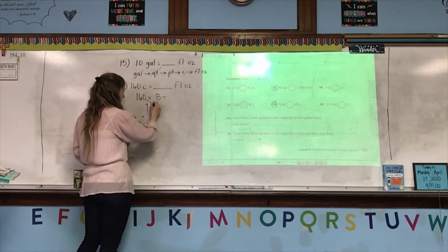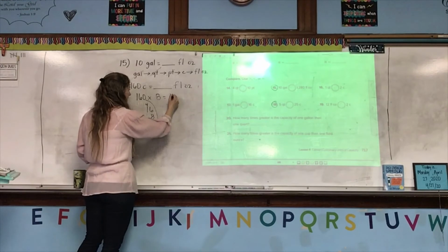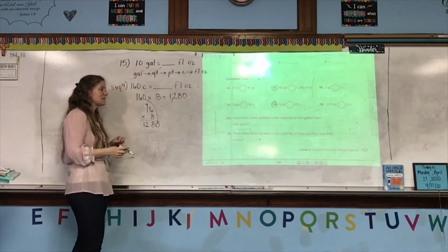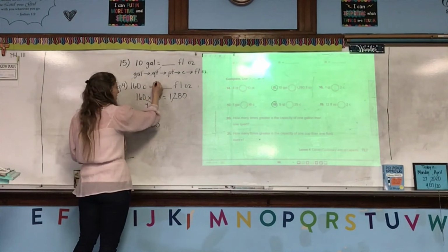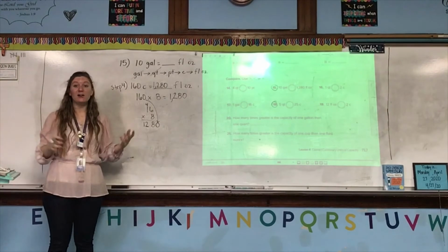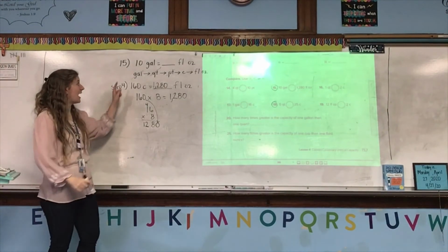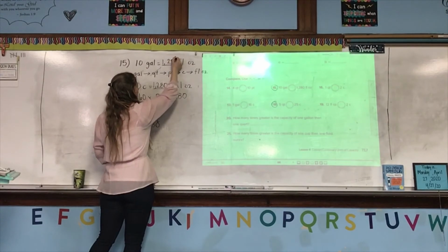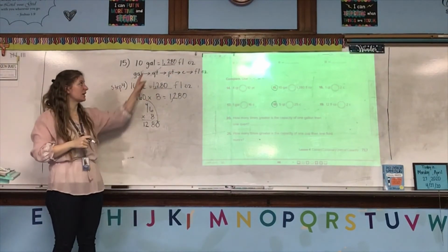So then I move that 0 to the end. So I know that 160 times 8 is 1,280. So in doing all of these steps, I have figured out that 10 gallons is the same as 1,280.